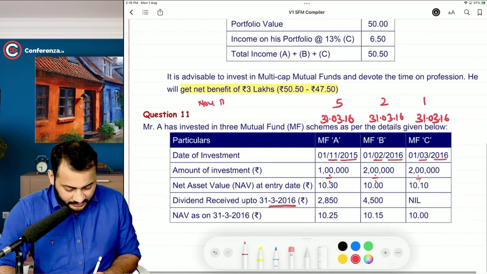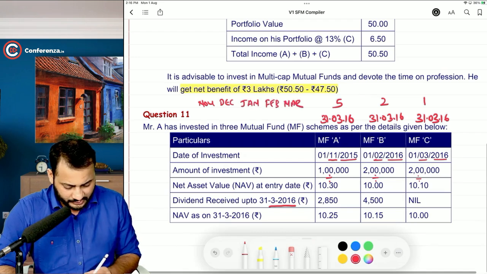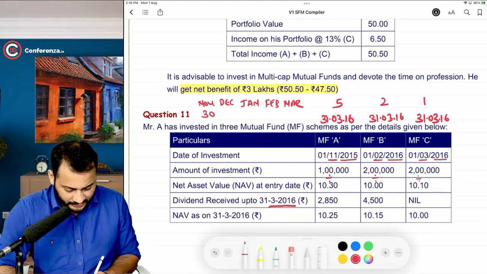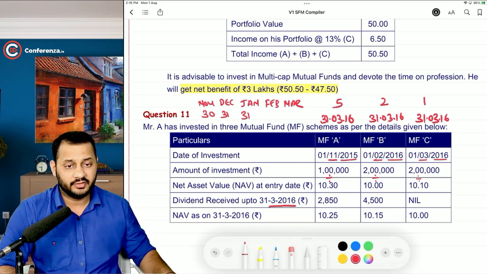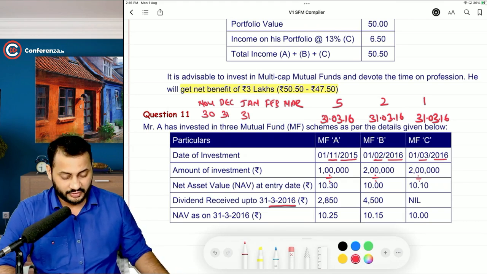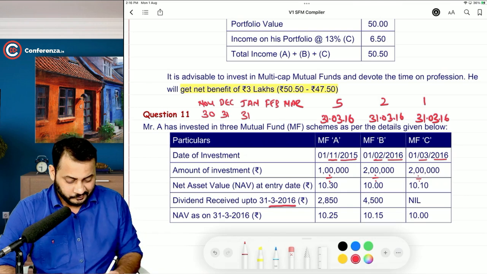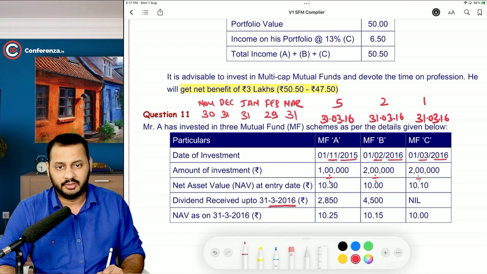See, November, December, Jan, Feb, March. November 30, 31, 31. February will be 28 if it's not a leap year. 2016 divided by 4 is a whole number, so it's a leap year. We will take 29 days in February and 31 days in March.